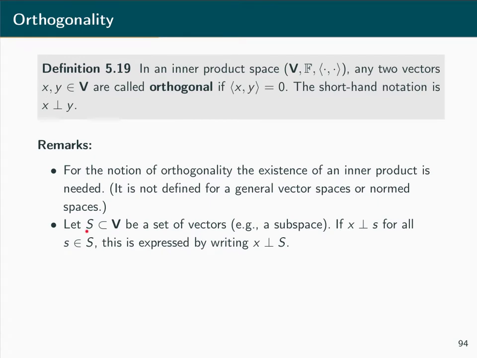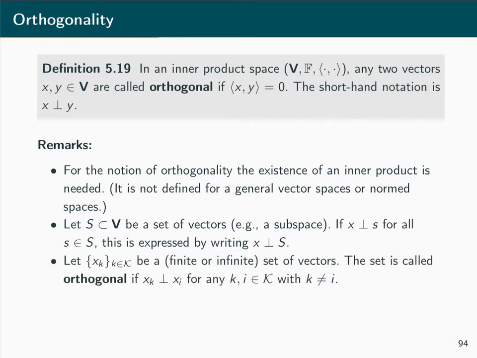Second, let S be a subset of vectors of a vector space. For example, S could be a subspace. Then if a particular vector x is perpendicular to all vectors in the set S, then this fact is expressed by writing x perpendicular to the set S. So this is just a convenient way of writing something that would otherwise require a lengthy notation. Third, let xk be a finite or infinite set of vectors.